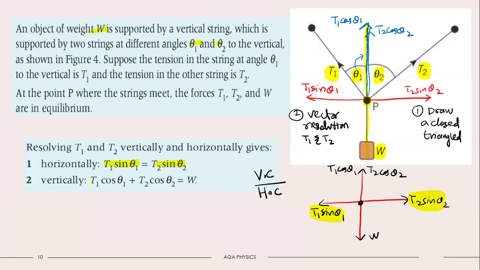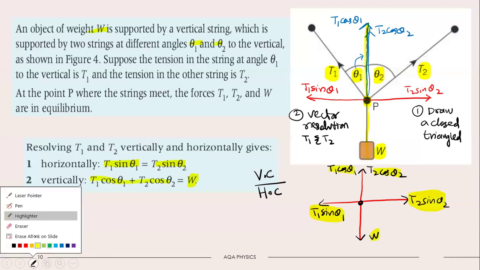Now the second thing: if you resolve vertically, the vertical components are T1 cos theta 1 and T2 cos theta 2. So T1 cos theta 1 plus T2 cos theta 2 is equal to W. That's why we can say that this object is in equilibrium.